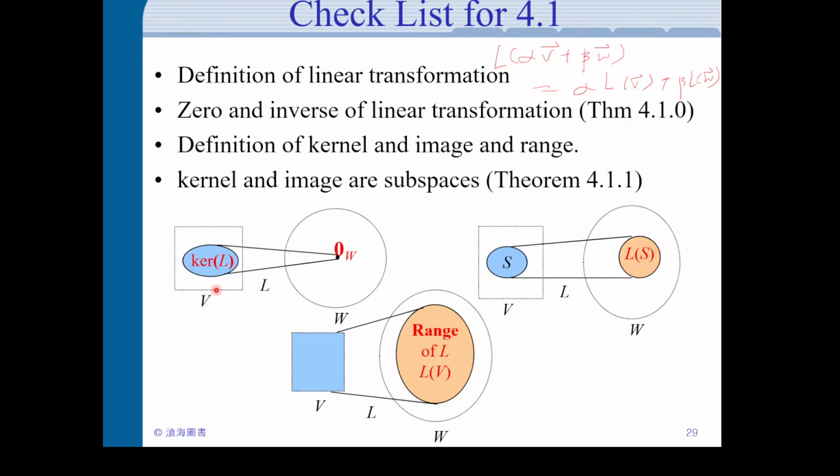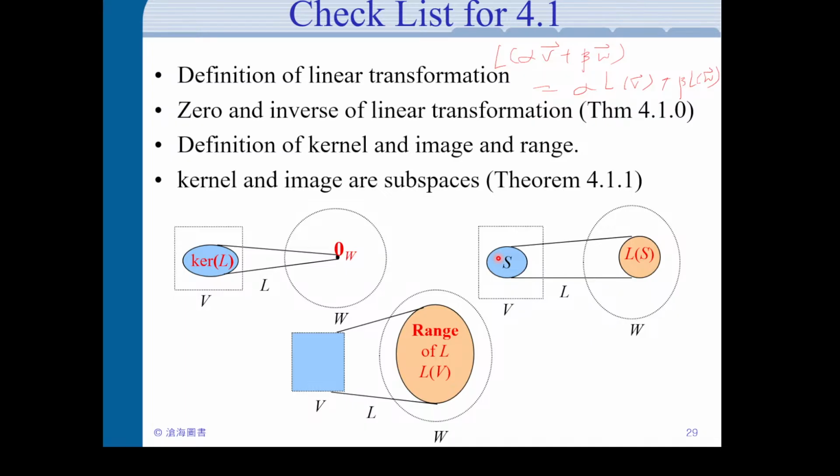So the kernel is the pre-image of 0, and the image is the image of whatever subspace here, and the range is the image of everything. Okay. And it's important to remember that the kernel and the image are subspaces. The image is a subspace because we restrict this S to also be a subspace. Okay. Any questions so far?